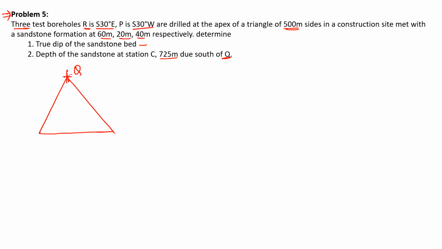South 30 east becomes my R and south 30 west becomes my P. They have a distance of 500 meters on both sides. Then they have given the depths, respectively: P becomes 60, Q becomes 20 and R becomes 40 meters.